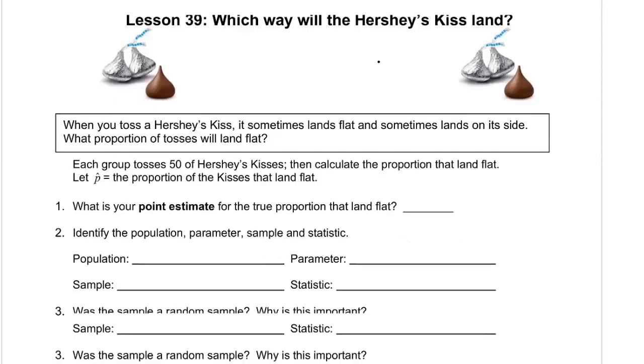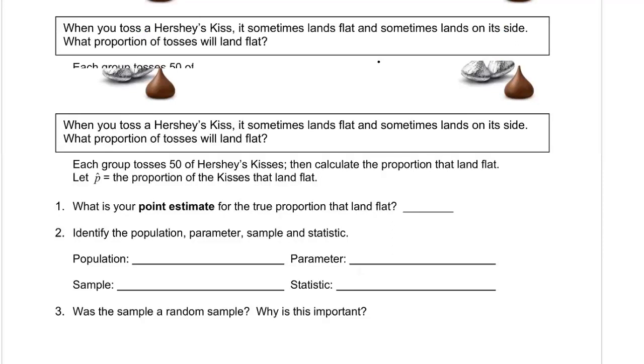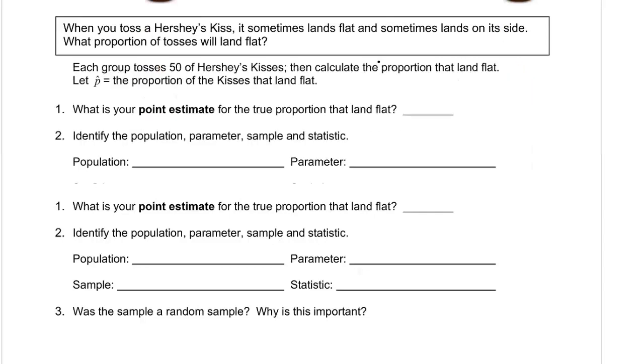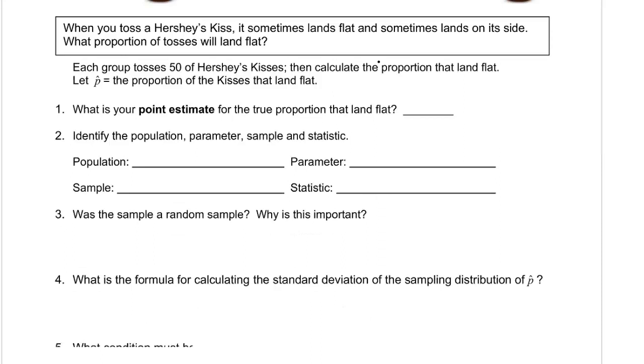When you toss a Hershey's Kiss, it sometimes lands flat and sometimes lands on its side. What proportion of tosses will land flat? So that would be what I called in the video landing on its base. The point estimate for that is 0.22. And I'm going to cite the video on that.